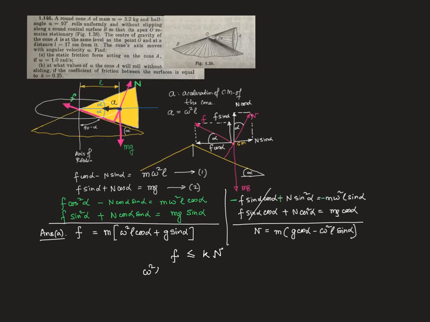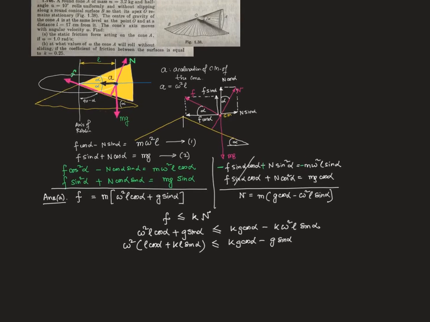So omega square L cos alpha plus g sin alpha is less than or equal to k times N, so k g cos alpha minus k omega square L times sin alpha. You can bring in omega square times (L cos alpha plus k L sin alpha) is less than or equal to k g cos alpha minus g sin alpha.